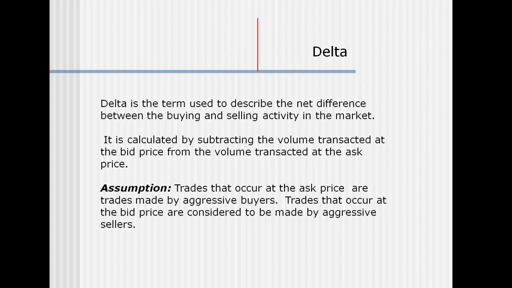The assumption is that trades that occur at the ask price are trades made by aggressive buyers, and trades that occur at the bid price are considered to be made by aggressive sellers. However, that doesn't take into account that there are many times when aggressive buyers are buying at the bid, and there are also many times when aggressive sellers are selling at the ask.